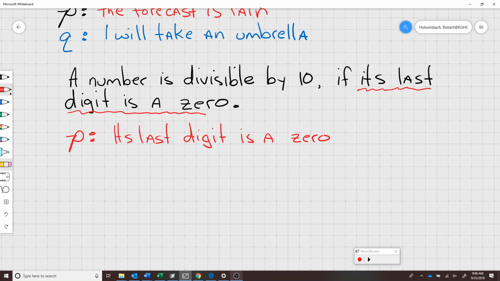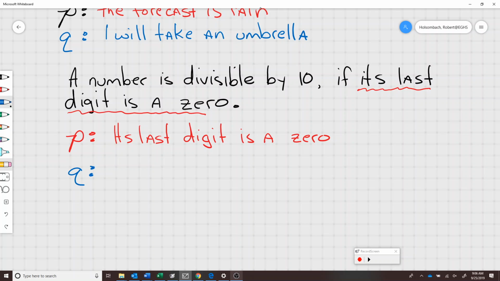If you wanted to clean that up, you could say that if a number's last digit is a 0. The conclusion of this statement: since there's not a word then in the original statement, what followed the if was the hypothesis. The rest of the statement is the conclusion.